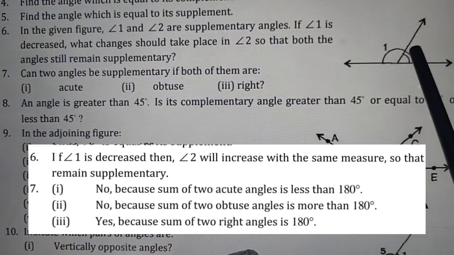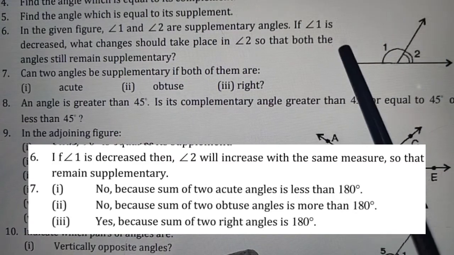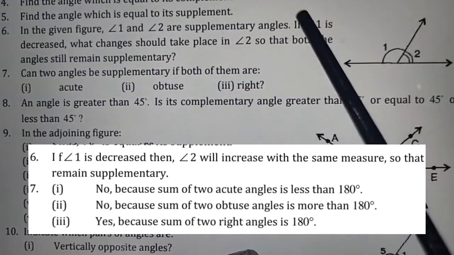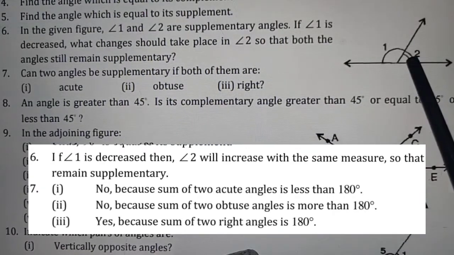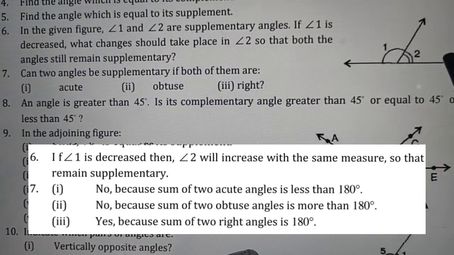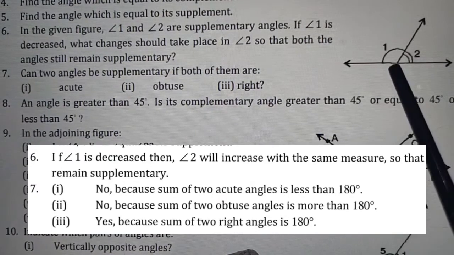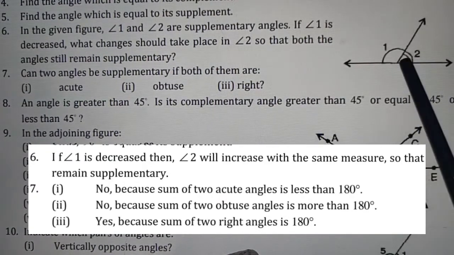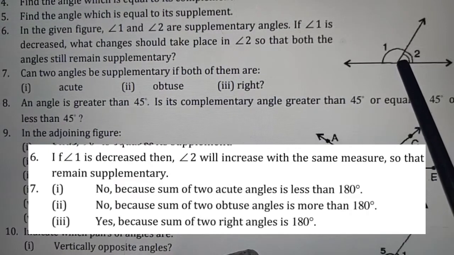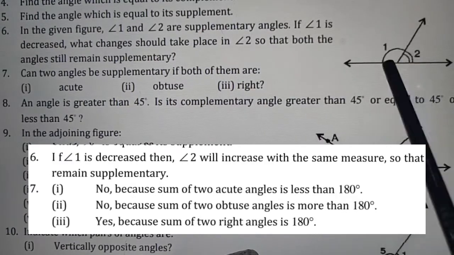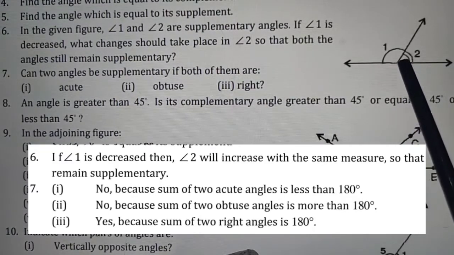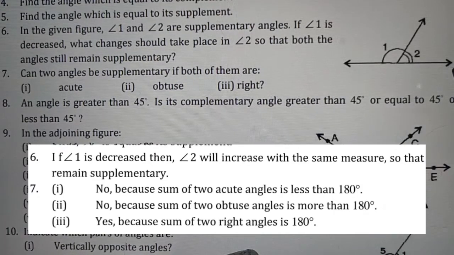The condition is that the angles remain supplementary, that the total sum of these two angles is always 180 degrees. So if the value of angle 1 decreases, the value of angle 2 must increase in a similar manner, because the total sum is always 180 degrees.